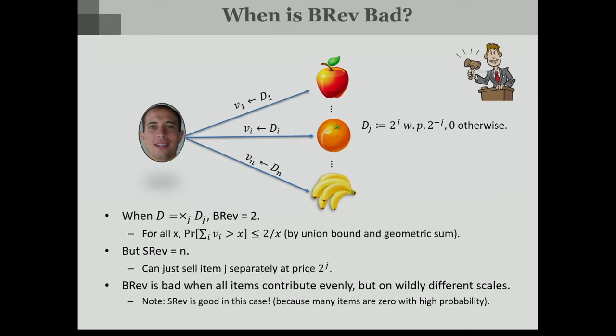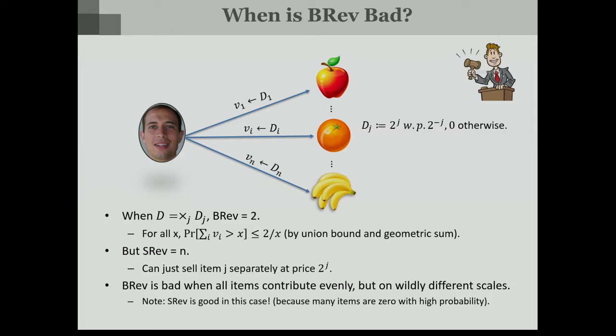Now we can see that if you choose to sell all the items together in one bundle, there's no way to get revenue larger than 2. This is because for whatever price x you choose to set, the probability that the sum of values exceeds it is at most 2 over x. I'm not going to go slowly through the math, but this is by taking a union bound and then observing that this is a geometric sum.